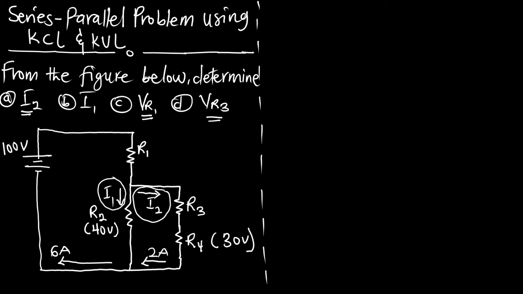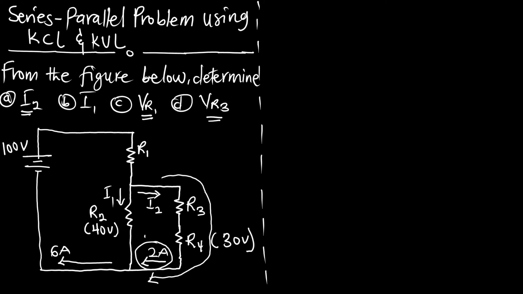What can we say for finding the value of the current I2? When you look at the current I2 that is flowing through resistor 3 and through resistor 4, you see that the measured current was 2 amperes.